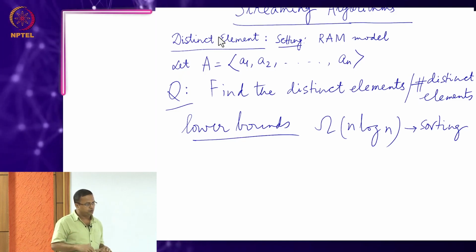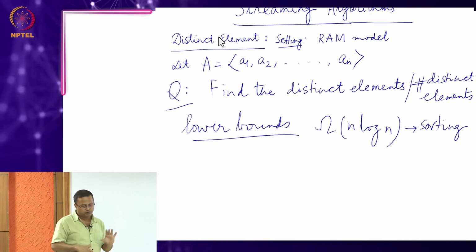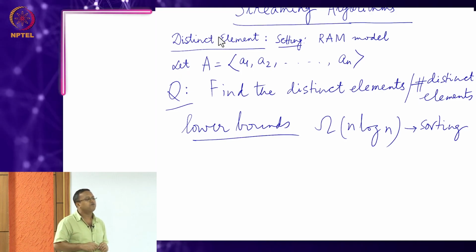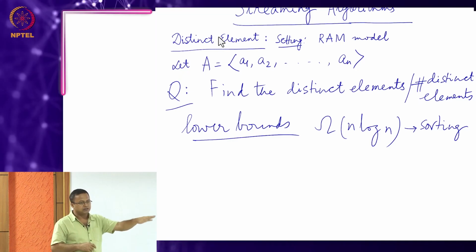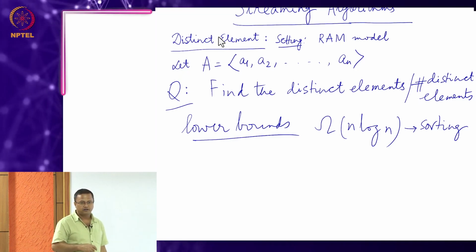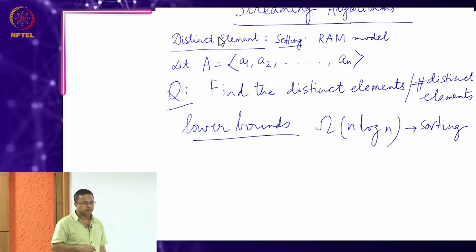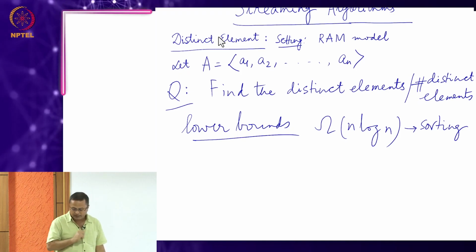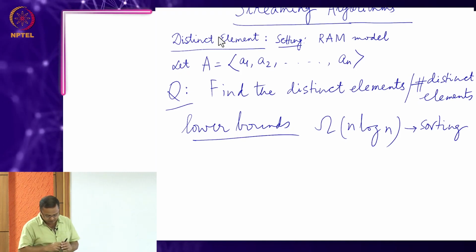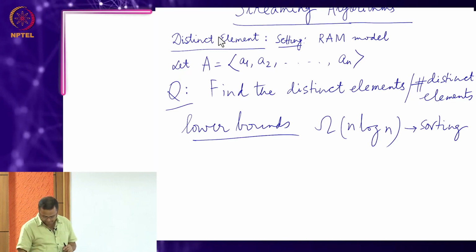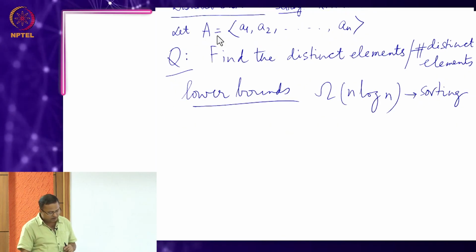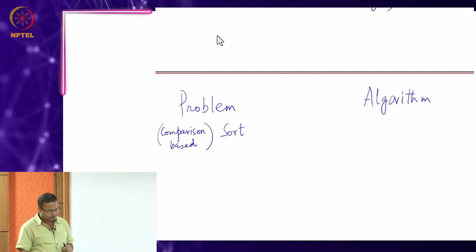I will give you a machine model very soon, which is actually the streaming model, which models this kind of network traffic computation. But before I get into that, let us talk a little bit about lower bounds.